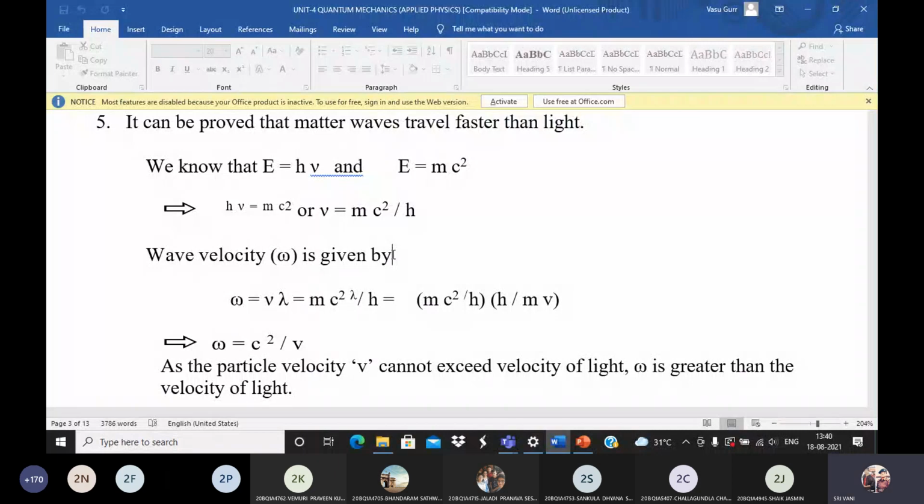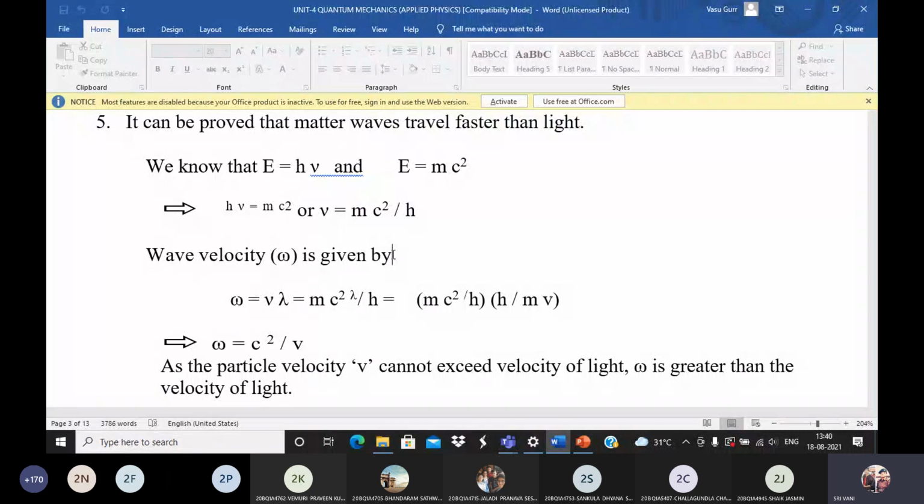Okay. After learning the concept of matter waves, that is the de Broglie wave equations, another scientist, Heisenberg, proposed one principle. According to the Heisenberg principle, if a particle is at rest, we can easily identify its location, but it is hard to identify the position of the particle with respect to its momentum when the particle is moving.